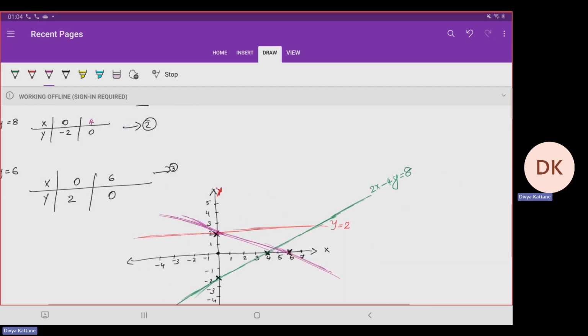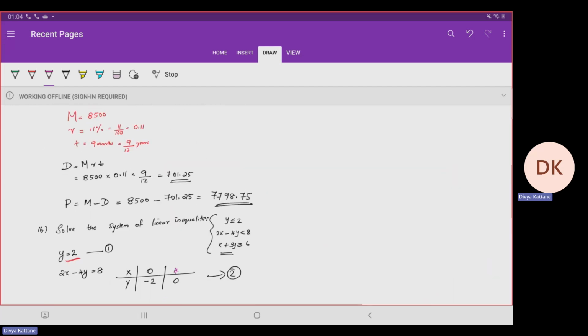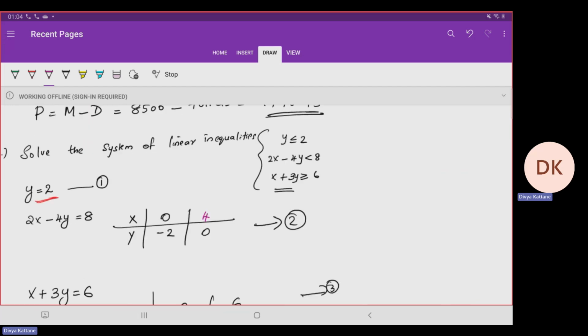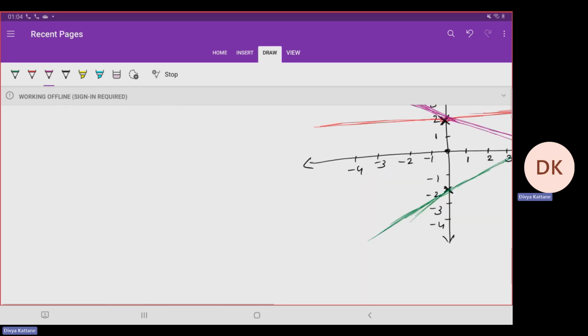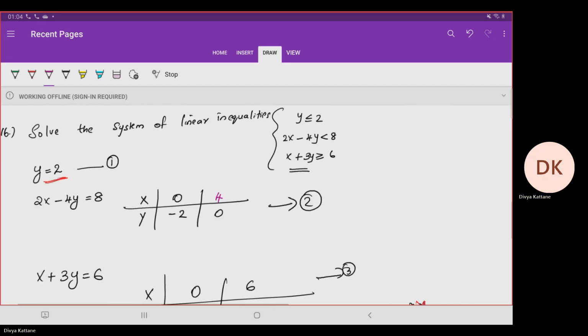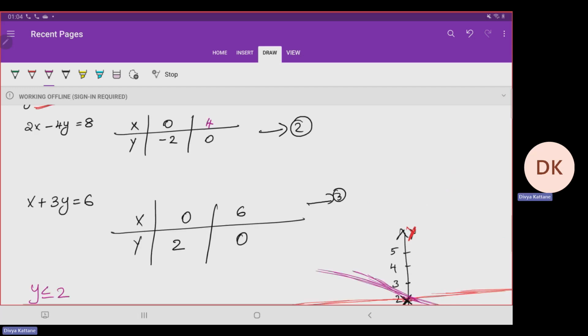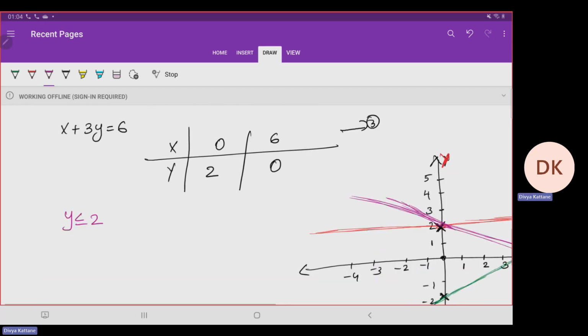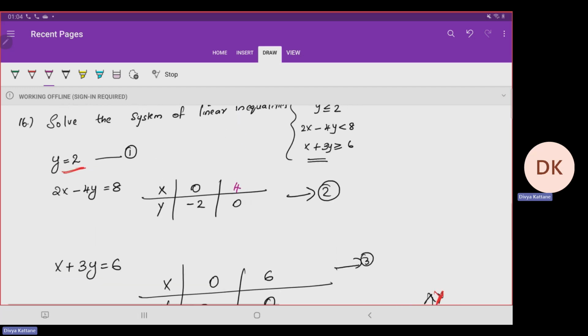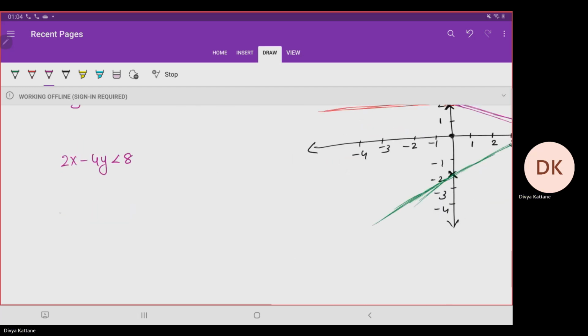Now we are applying the inequality. So 3 inequalities are there, which are they? y less than or equal to 2, 2x minus 4y less than or equal to 8, and the third one is x plus 3y bigger than or equal to 6.